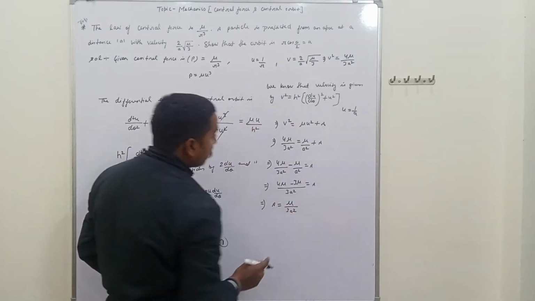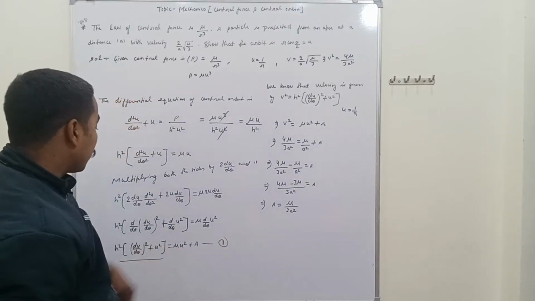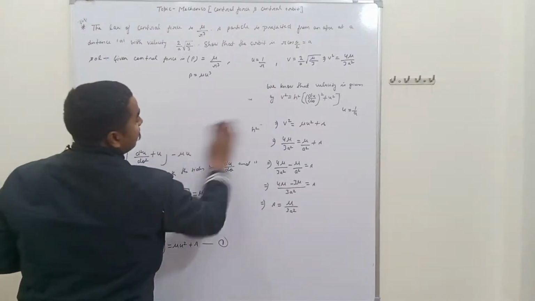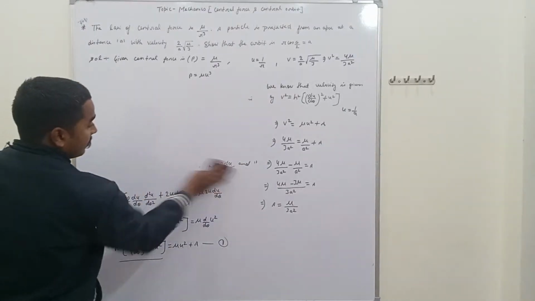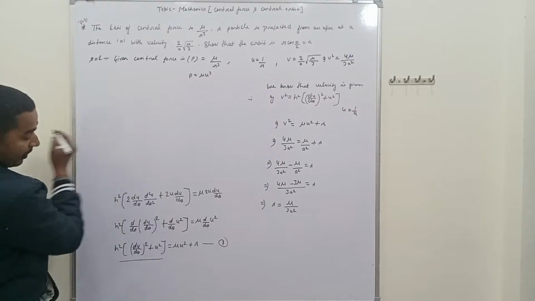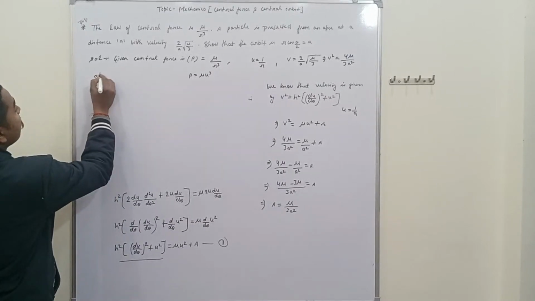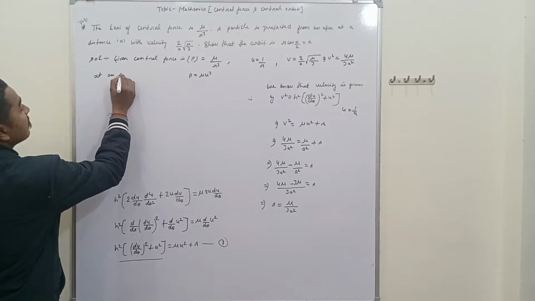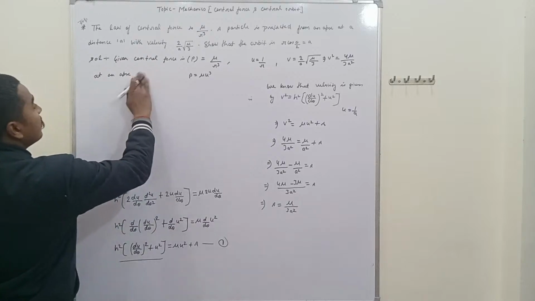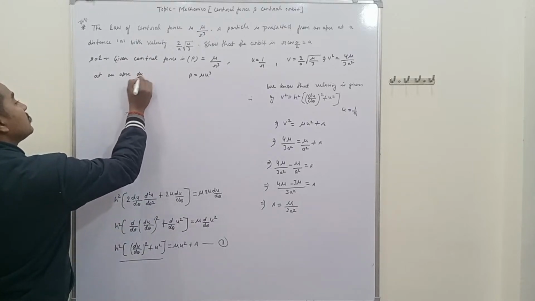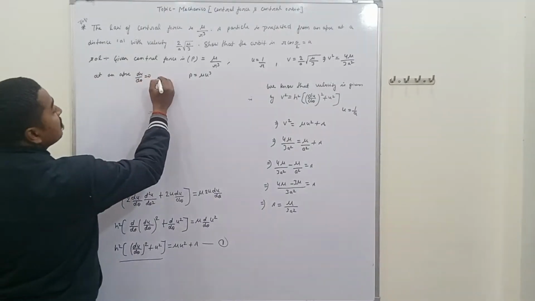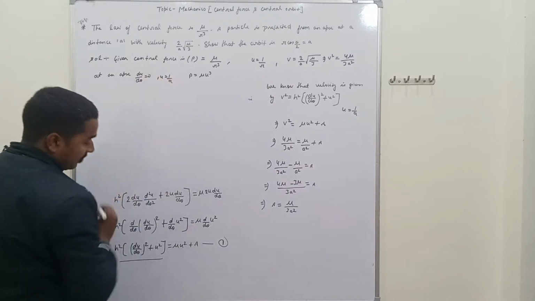Further, we have to put the value of a in the equation 1, that is at an apse, theta is equal to 0. Once again, du upon d theta is equal to 0 and u is equal to 1 upon a.